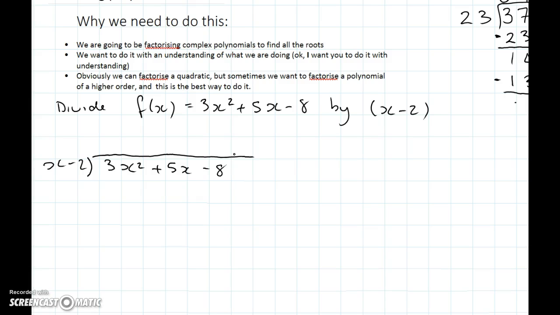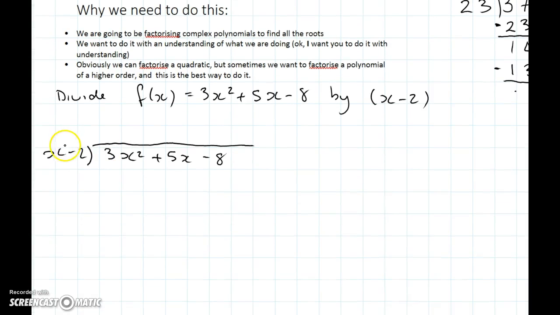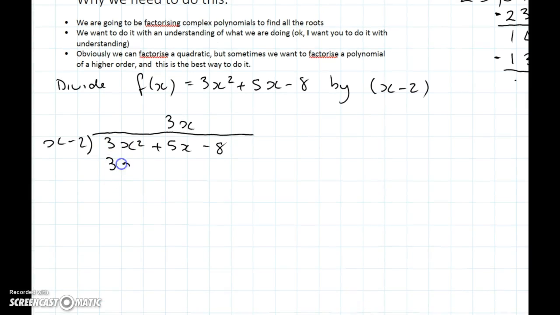Okay, so first of all, 3x squared. I'm going to mostly be dividing by the first value, the highest order of my divisor. So 3x squared divided by x gives me 3x. And 3x times x gives me 3x squared, and 3x times negative 2 gives me negative 6x.